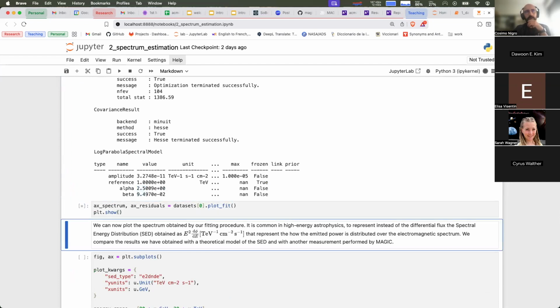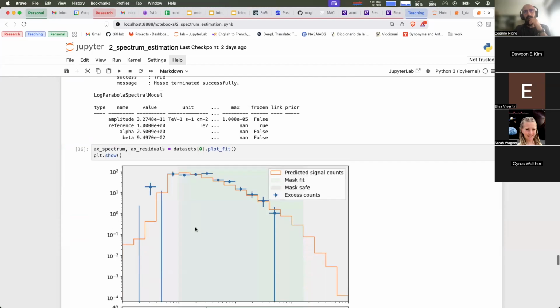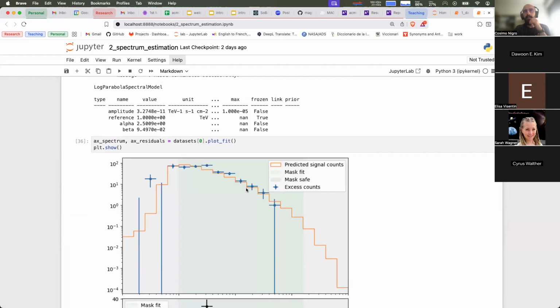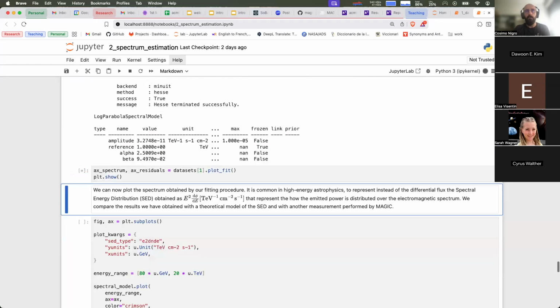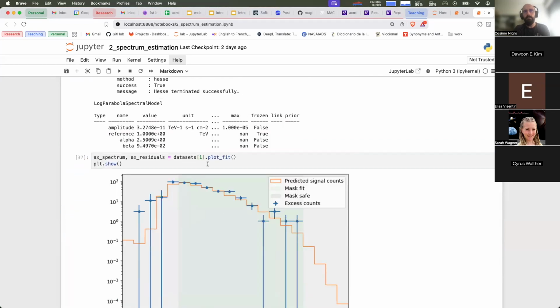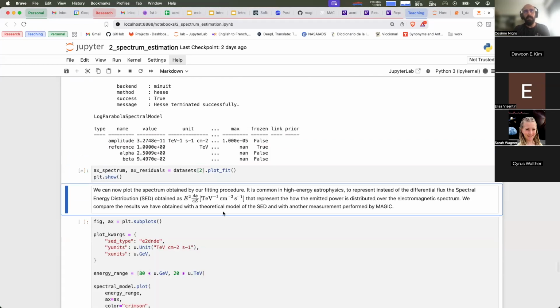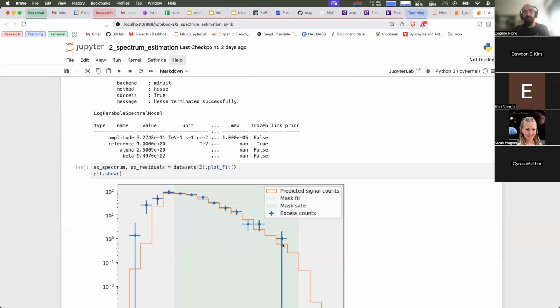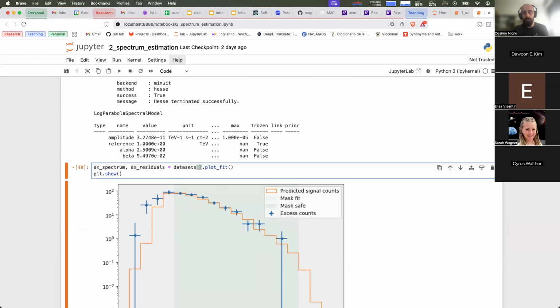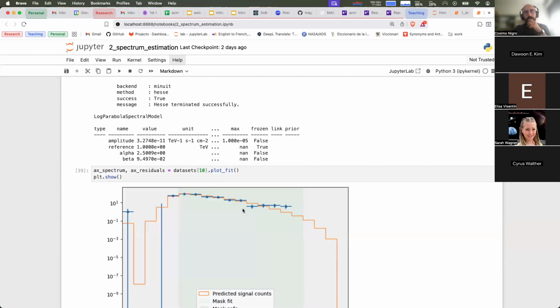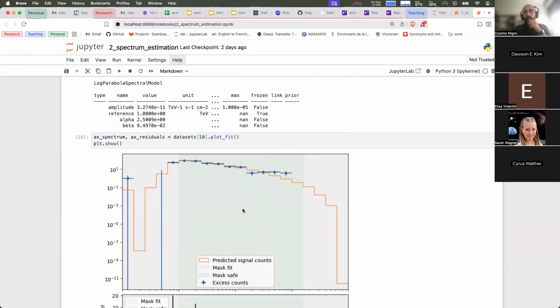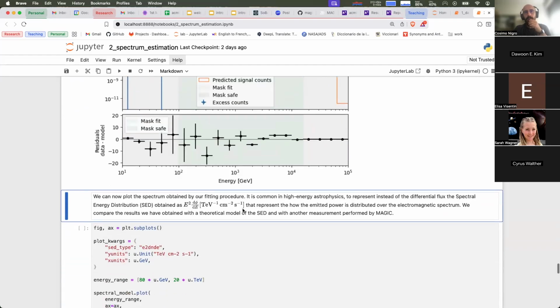And when I plot the same histogram now of the excesses, you can see that it reproduces quite well the excess that I observed. And this is valid through all the observations, right? It found the values of the analytical spectrum that best produce the counts in all the observations. Okay, any questions?